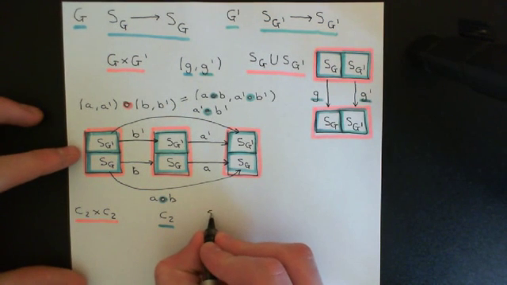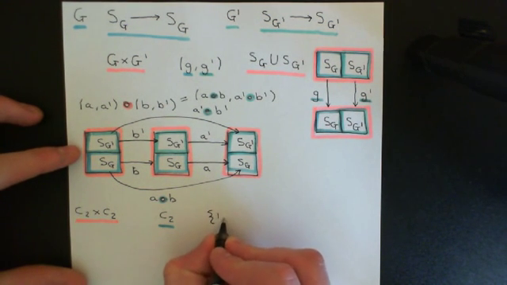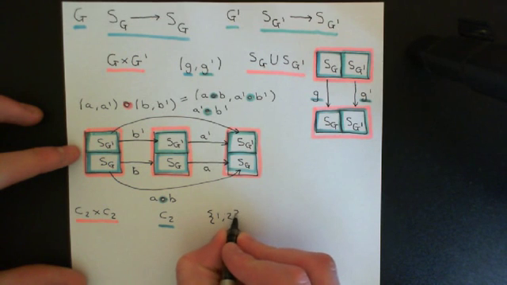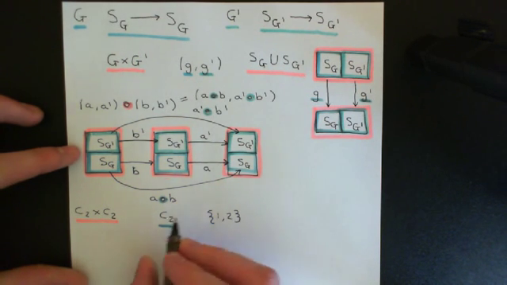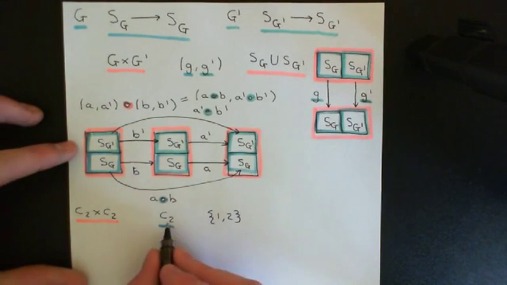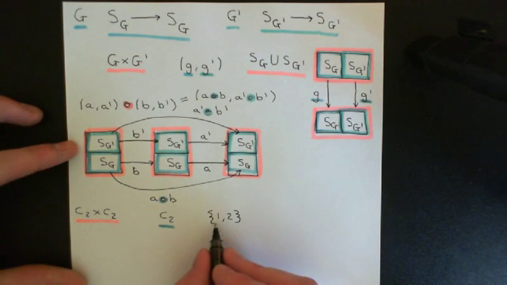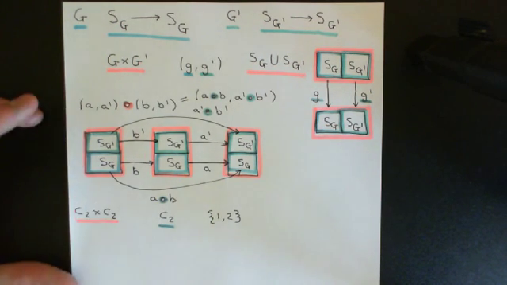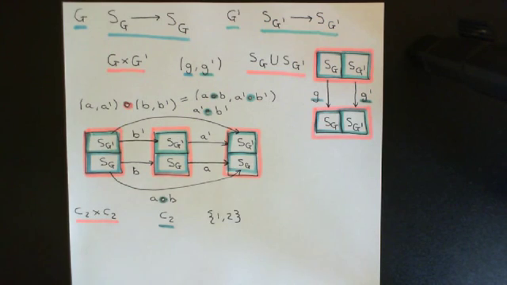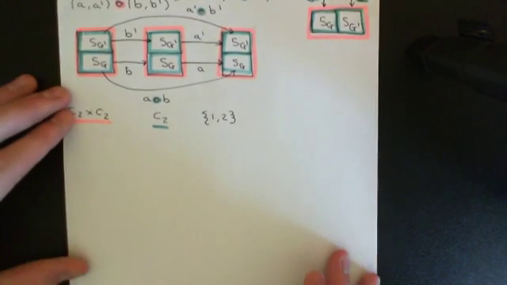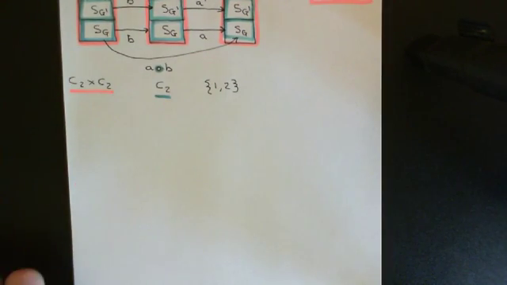Remember how you construct the cyclic groups. You firstly create a set with the same number of elements in it as this number down here. We're doing C2, so we only need two elements in our set, so we might as well go for the symbols 1 and 2, as I have done here.